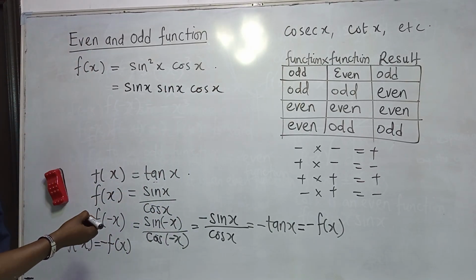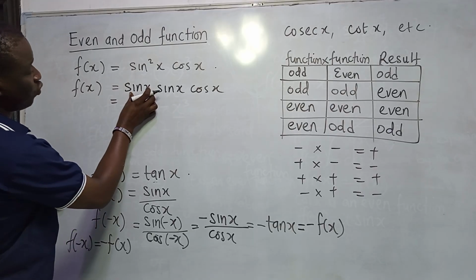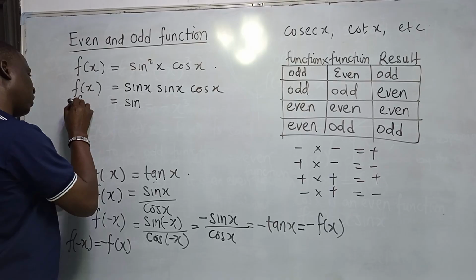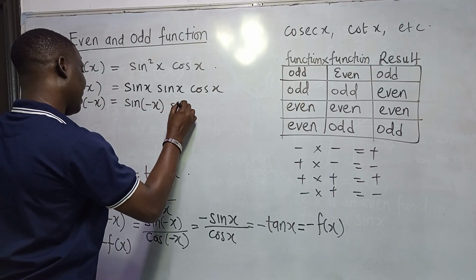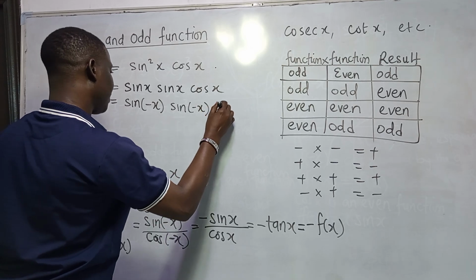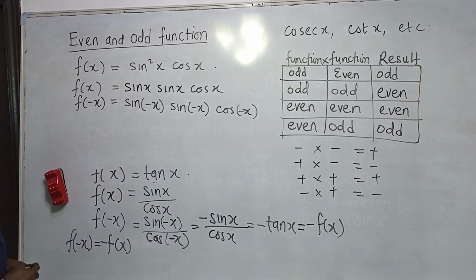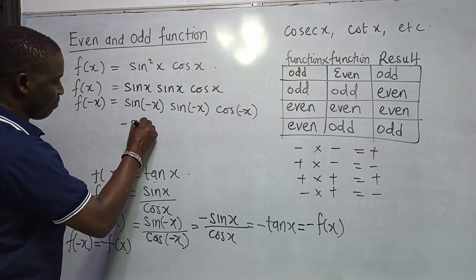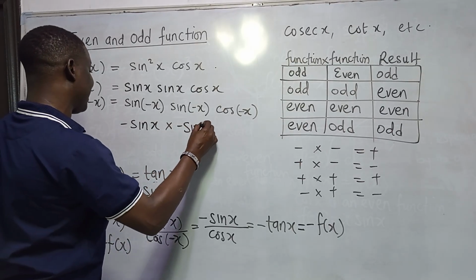We test with f of minus x. So put minus x: sine of minus x squared, cos of minus x. Minus sine x squared gives sine square x, and cos of minus x comes out as cos x.